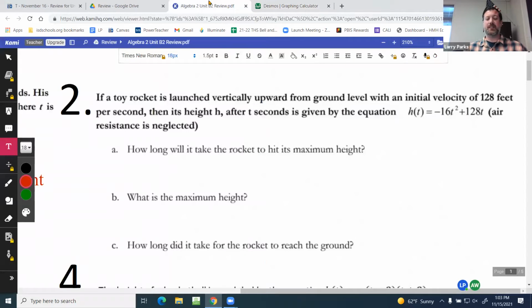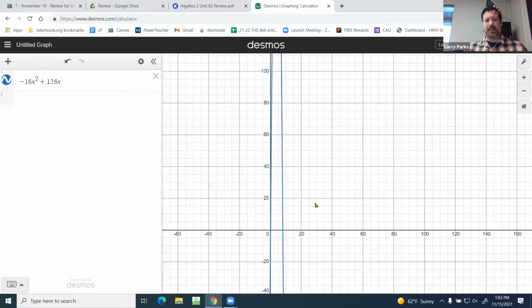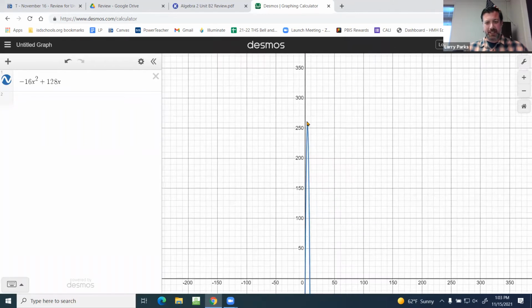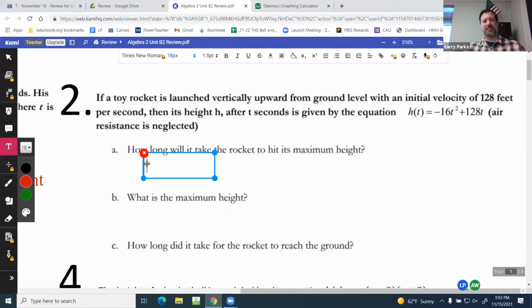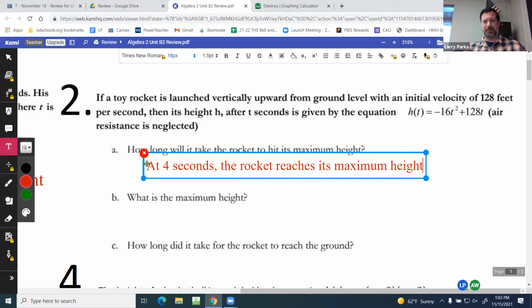And the question is, how long will it take the rocket to reach its maximum height? Well, that would be the x value of the vertex. And the vertex looks to be 4, 256. So 4 would be seconds. So I would say at 4 seconds, the rocket reaches its maximum height.